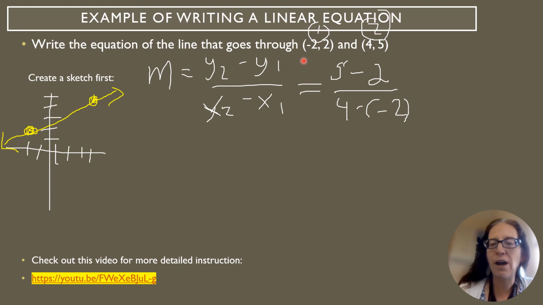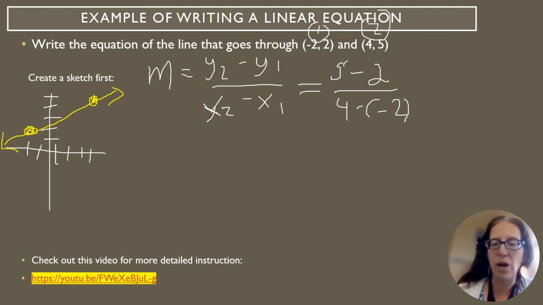You will also have a minus sign that comes in with the negative 2. So in my denominator, I have 4 minus. This minus is the one that comes with the formula, and this minus is the one that is coming in with the number itself.